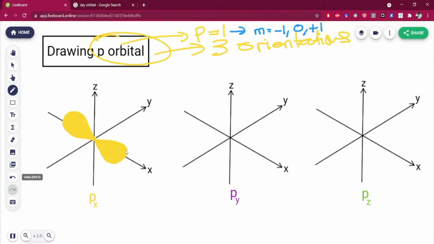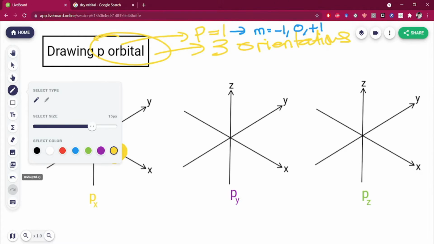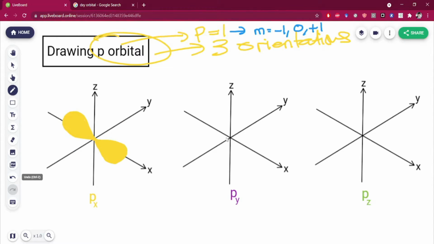Okay, so that is px along the x-axis, and then py along the y-axis. One lobe right here, and then another lobe along that side.